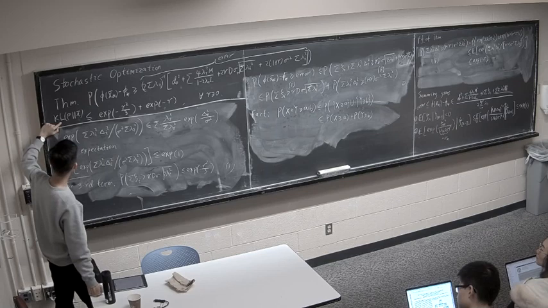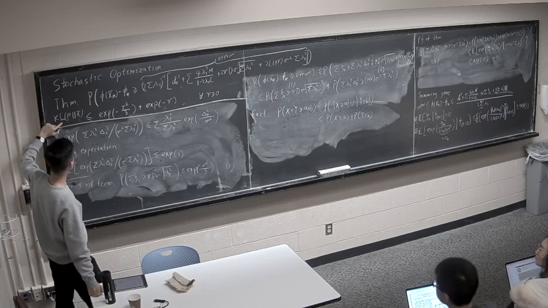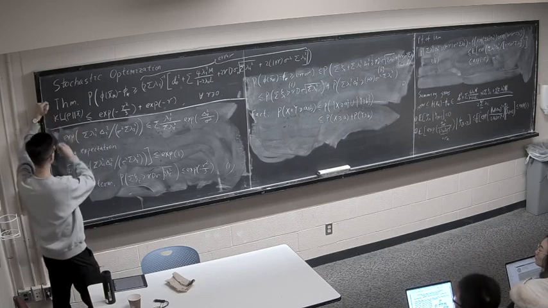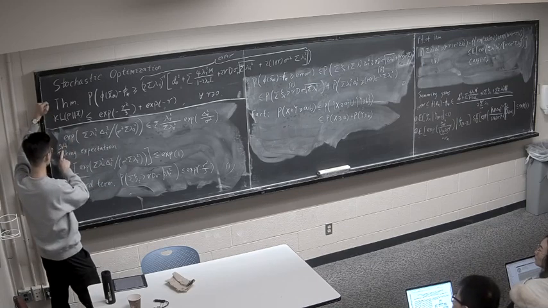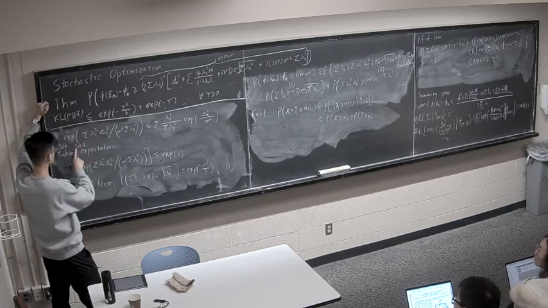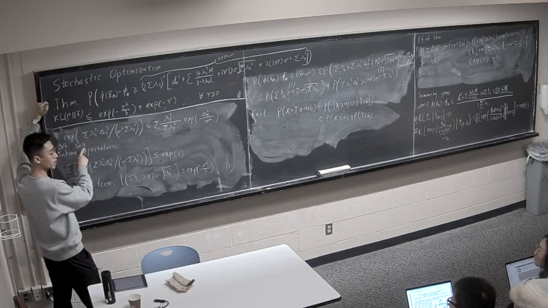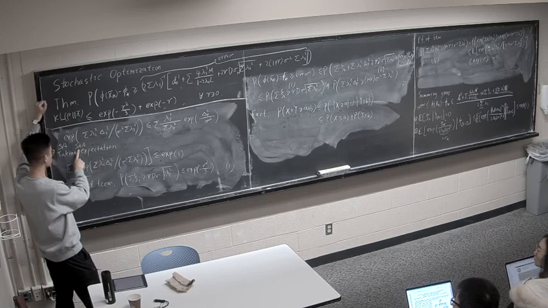Then we talked about two standard approaches in stochastic optimization. First is SA, stochastic approximation, and then SAA, that is sample average approximation. Here you need to take a large number of samples to approximate the stochastic function, and then use any deterministic optimization algorithm to solve the approximation, right?